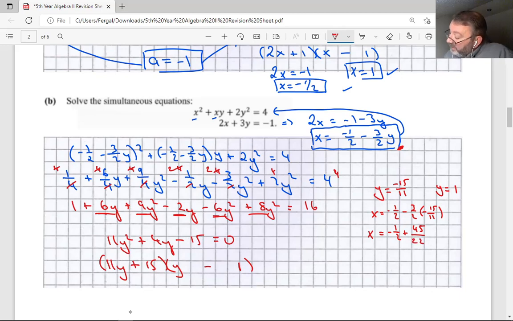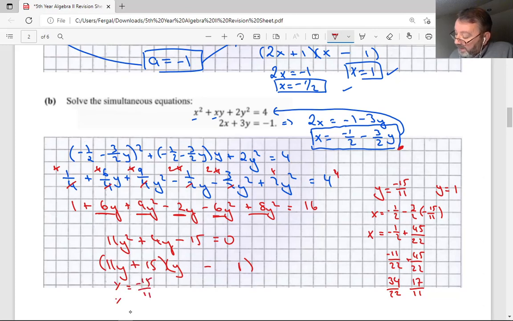So we get a minus 11 over 22, so it's a half, plus 45 over 22, which will give me 34 over 22, or 17 over 11.